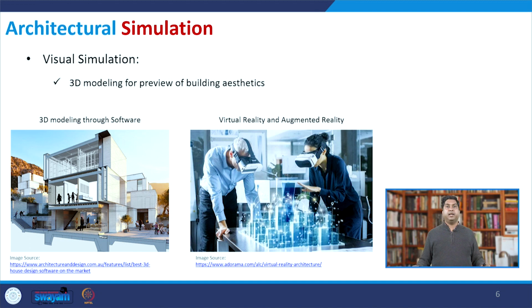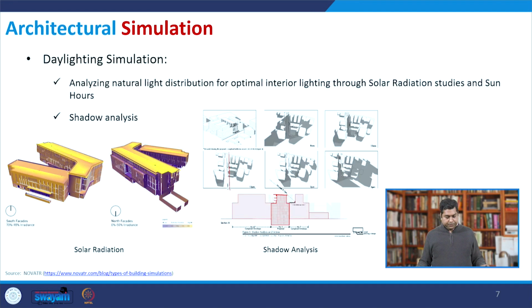It also gives the designer or planner better confidence, that you have experienced it and now you are giving feedback based on that, apart from the typical drawings like plan, elevation and section that we prepare. So this is very popular today in the field of architecture, and people are using it even when we talk about parametric design and all. So it's all about some sort of simulation that we use.